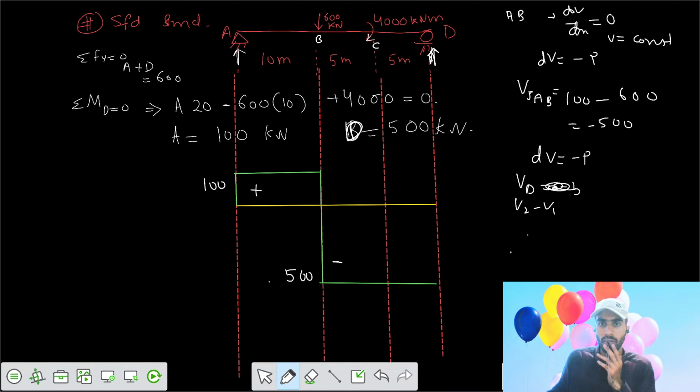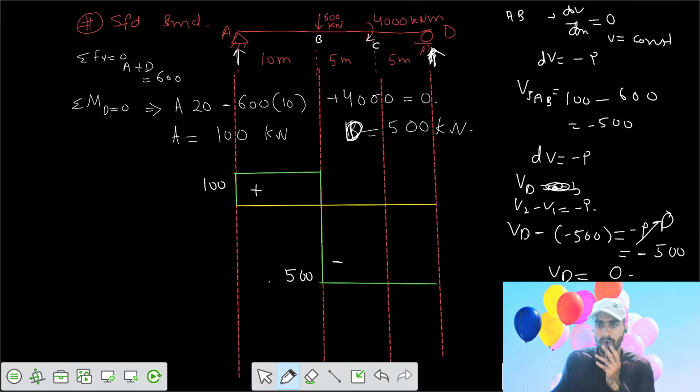We can write VD minus the value just before D, minus 500, equals minus P, where P is the value of reaction D, which is 500. So we can write VD equals 0. Does that final shear make any sense? No, it doesn't make any sense.